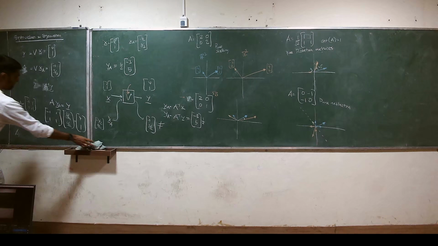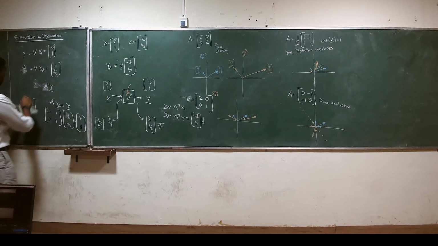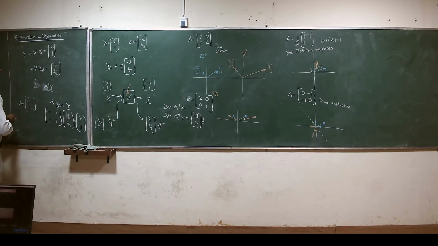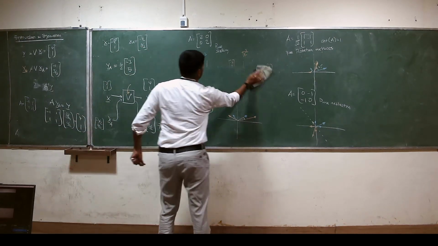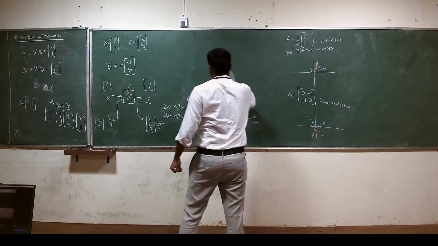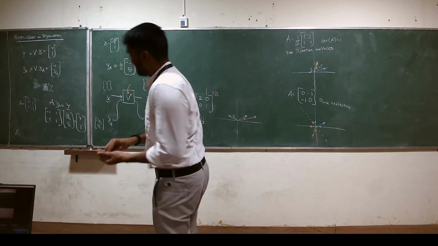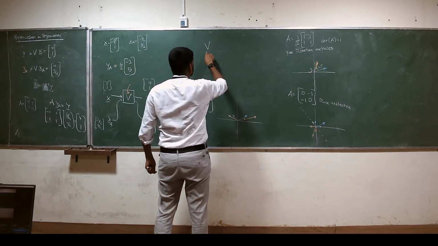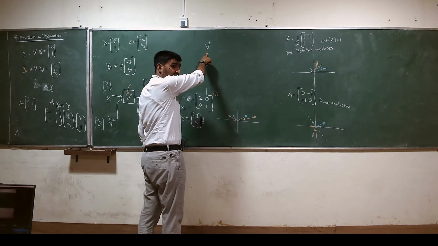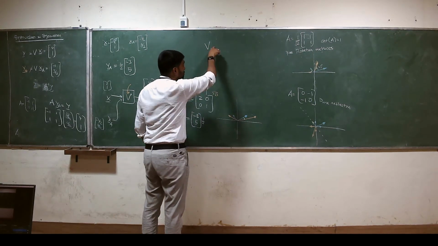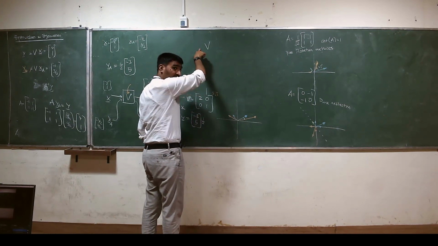So YA will not be equal to V Xa, because V is the representation of the geometric operation in the standard basis. So if we are to use V, and V is the representation of this operation in the standard basis, what goes in here should be in the standard basis, and what comes out will be in the standard basis.